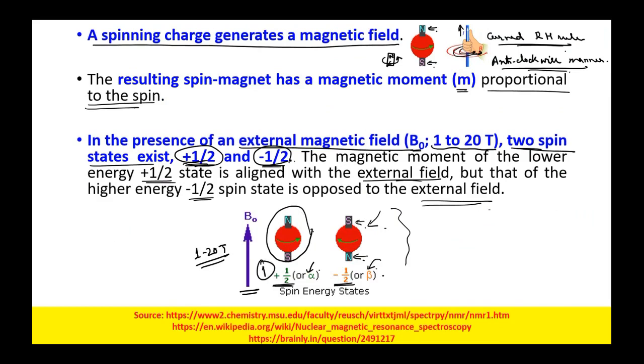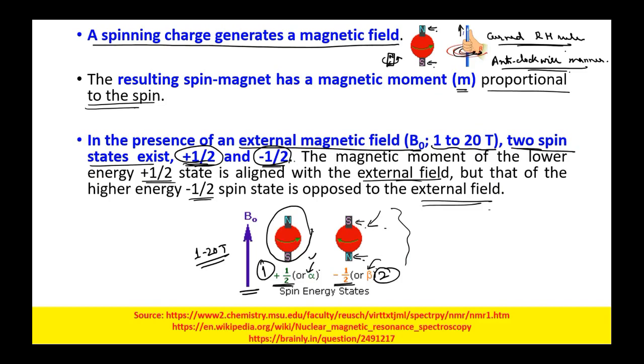The first state, the alpha state, and the second state, the beta state. So ideally you would say that the probability of occurrence of both alpha and beta would be the same. However, this is not the case.